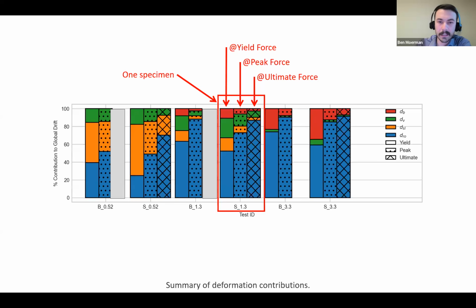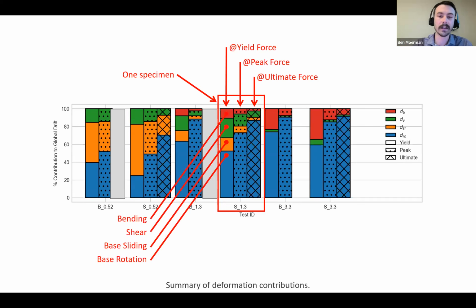Each bar within that cluster represents the point in the history of the test when it hit its yield force, and then its peak force, and then its ultimate force. And each color within that bar represents how much of the displacement at the top of the wall came from in-plane bending, in-plane shear, base sliding, and base rotation.